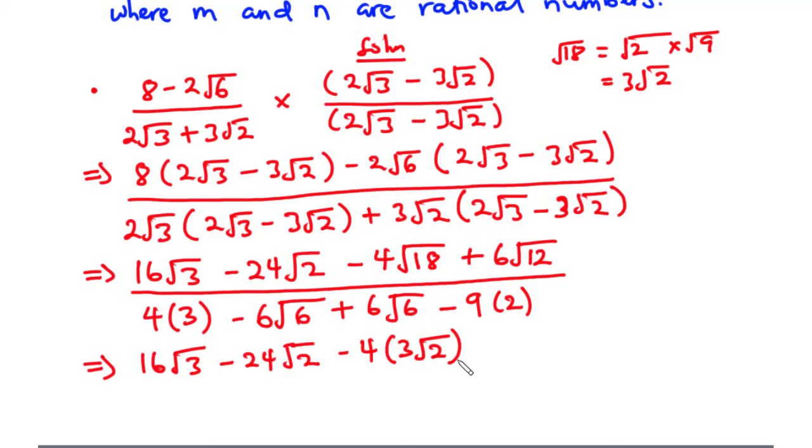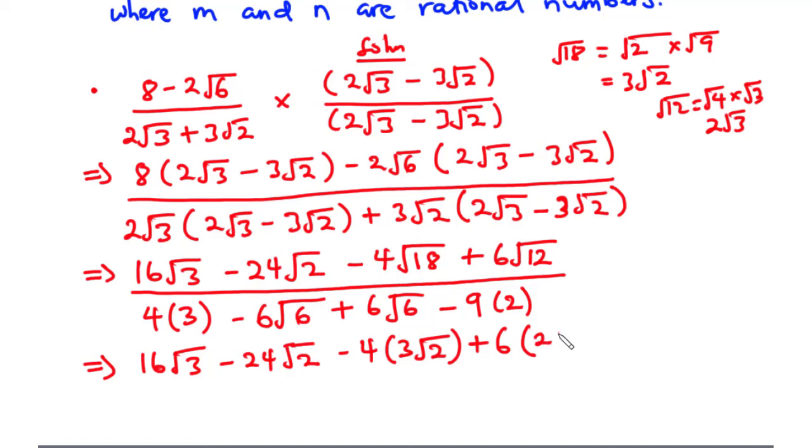So that is 3 root 2 plus 6, and then root 12, the square root of 12, is also the square root of 4 times the square root of 3. Okay, so we have 2 root 3.